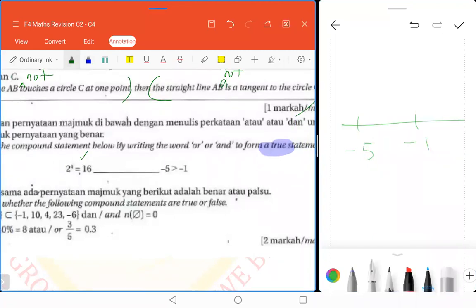Yep. Okay, this one is false. So you have to add in or and. Okay, correct. So that to make it a true statement, because you have a false statement at the back. So to make the whole sentence to be a true statement, then you have to add in or. Yeah, correct?